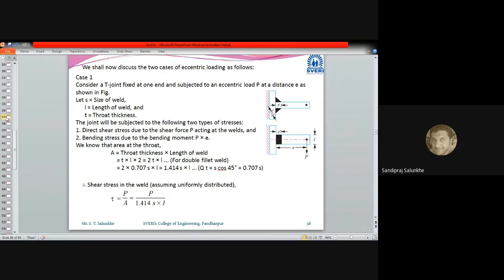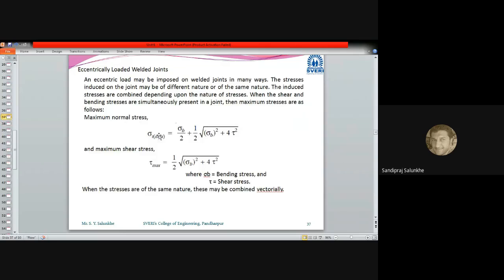For that, we use two theories: the maximum normal stress theory and the maximum shear stress theory. The maximum normal stress theory says that when normal stresses are exceeded, the welded joint is going to break. When the welded joint is subjected to bending as well as shear, bending is basically compression or tension.